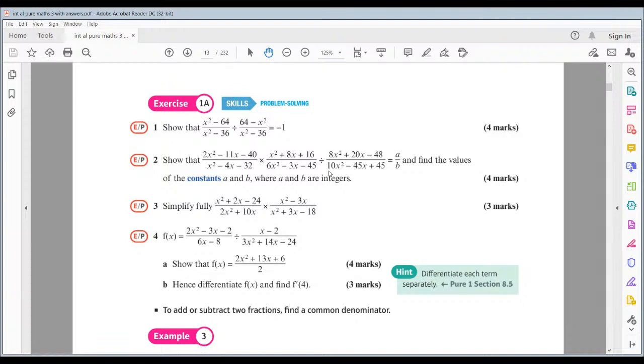Okay, so what do I do first? What is the first step? Go to the first expression, break it down into factors, and see, in P1 we used to get marks for knowing how to break these down into factors. Now the marks are more for doing that flipping thing and canceling things out. You can skip that.